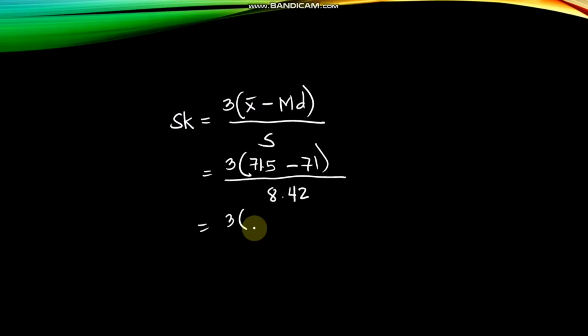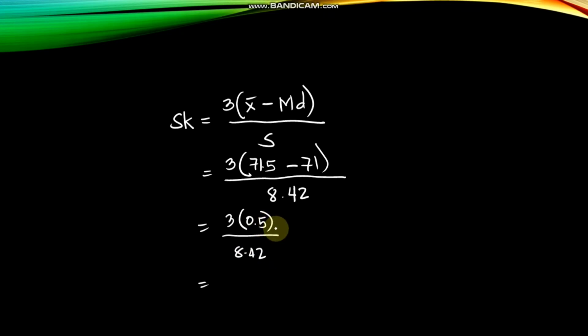Wait, I have something to clarify. Let us divide first. Okay, so 3 times 71.5 minus 71, that is 0.5, over 8.42.